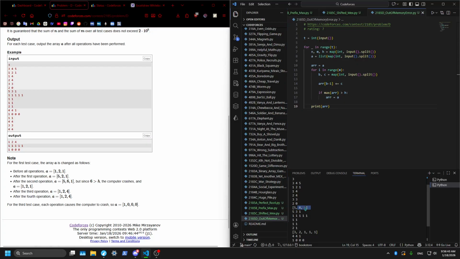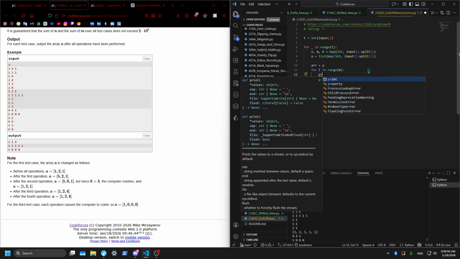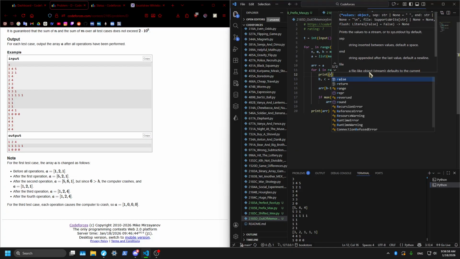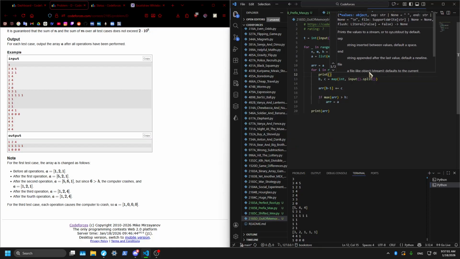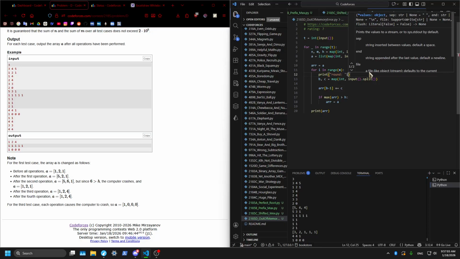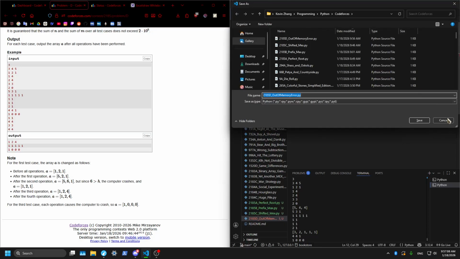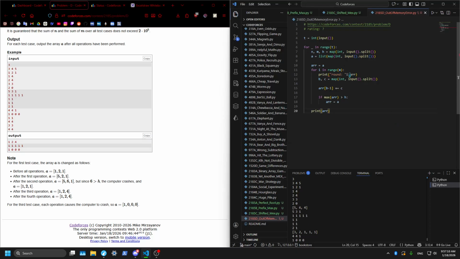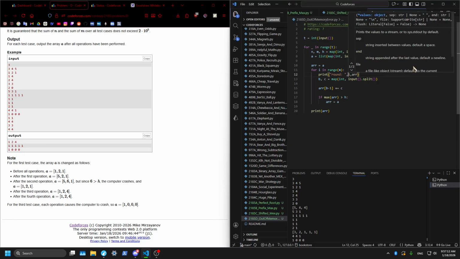5, 6, 4. That's not right. Should crash. Should crash and you reset. Okay.